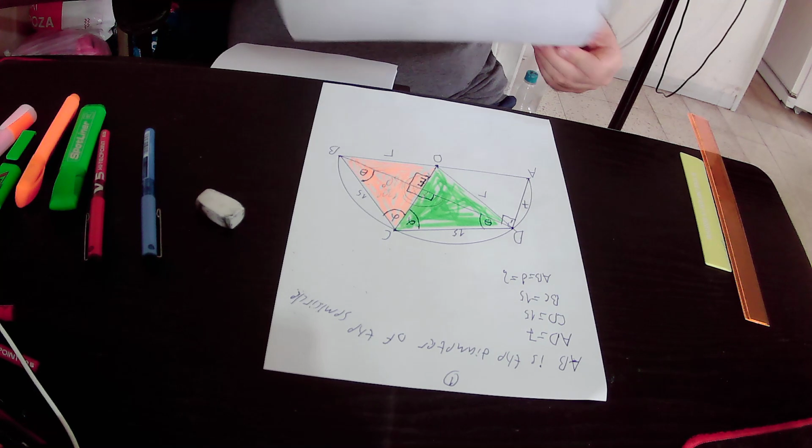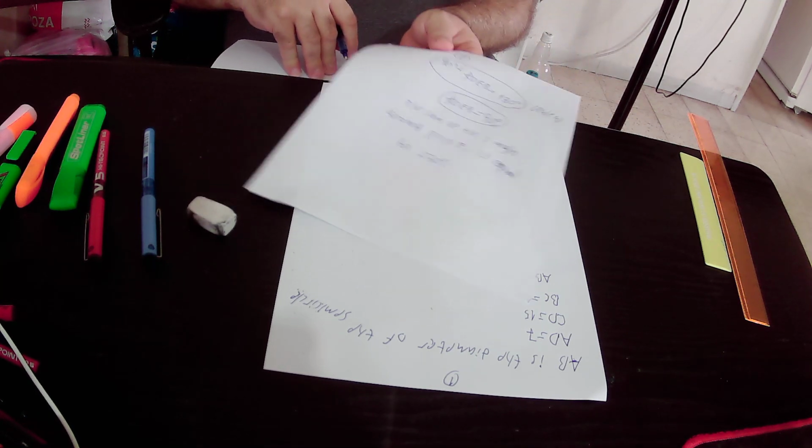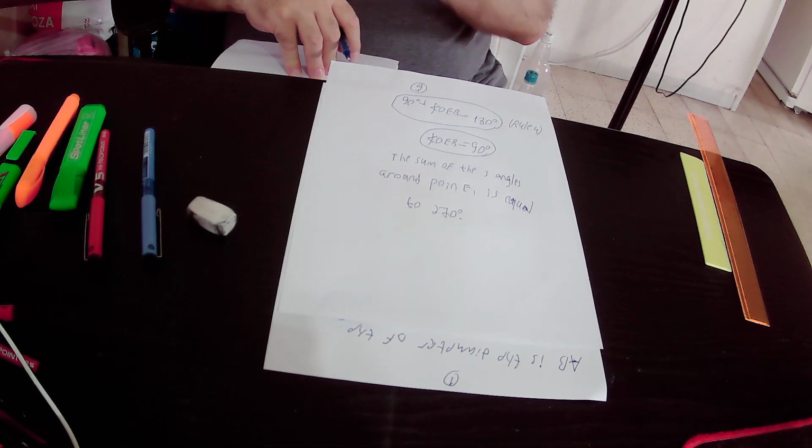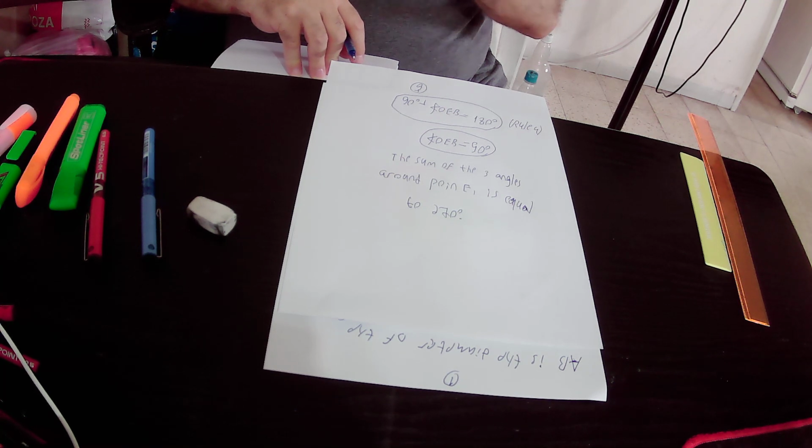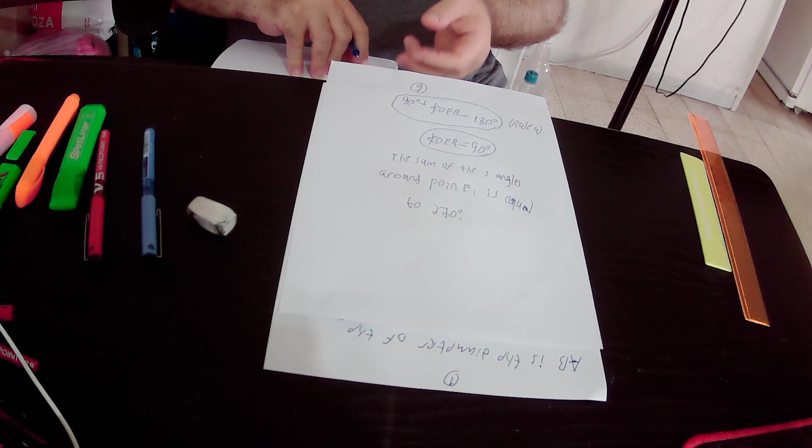Okay, so I'll read again the fixed interval. According to the drawing, the sum of the angles around point E is equal to 270 degrees.